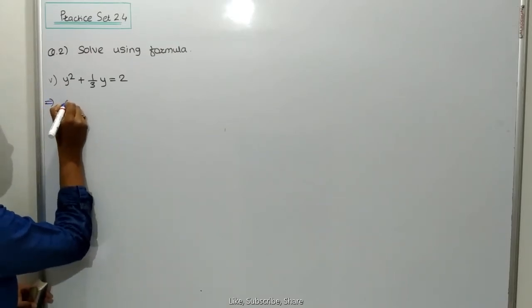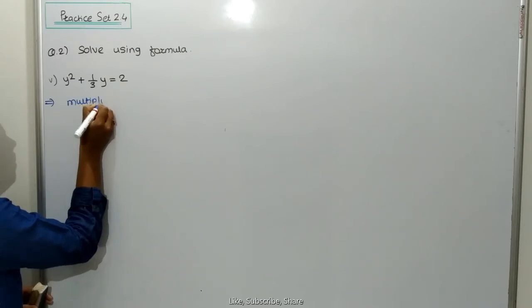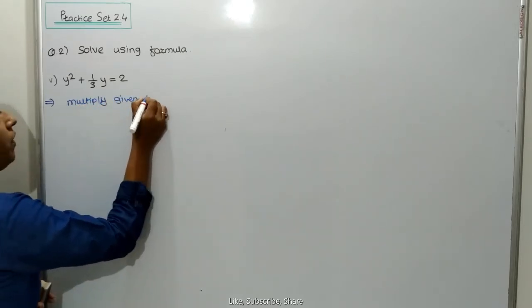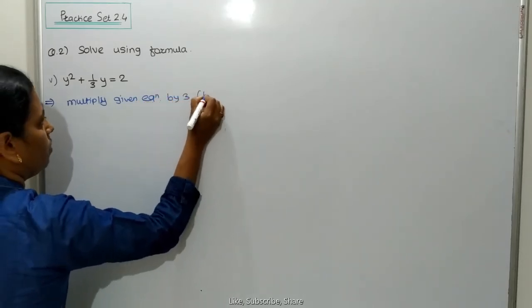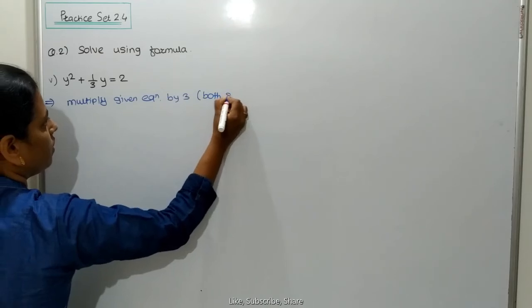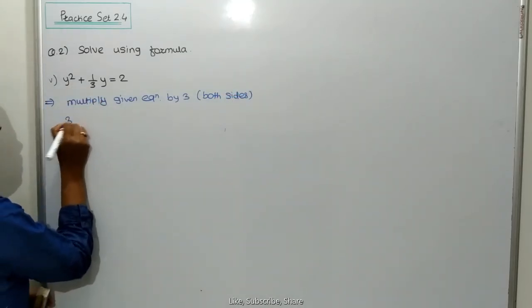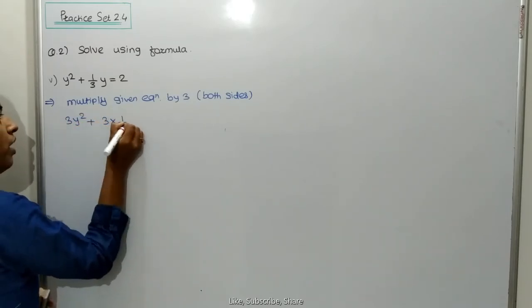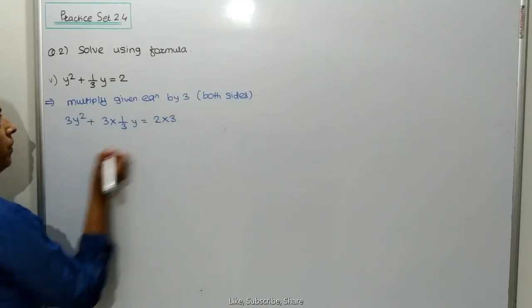Okay, so how to write? Multiply the given equation by 3, both sides. Okay, so what we have to get? 3y square plus 3 into 1 upon 3y is equal to 2 into 3.